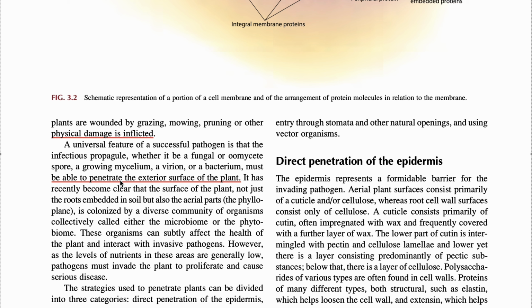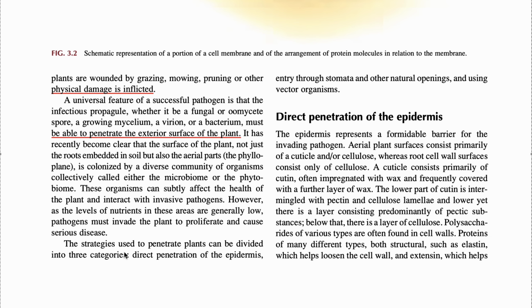It can be through any natural opening like lenticels, stomata, hydathodes, or any wounding, or by any other method like a vector, but they need to penetrate. The strategies used to penetrate plants can be divided into three categories. One is direct penetration of the epidermis, second is entry through stomata or other natural openings, and the third one is vector organisms.